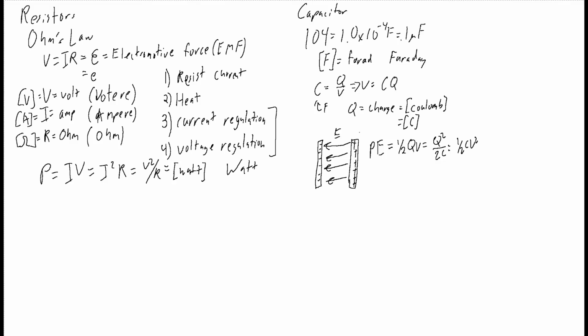So one of the purposes of a capacitor, there's at least two. One is to store charge, for backing up the current, basically. The other one is we can also store energy, energy in the electric field.